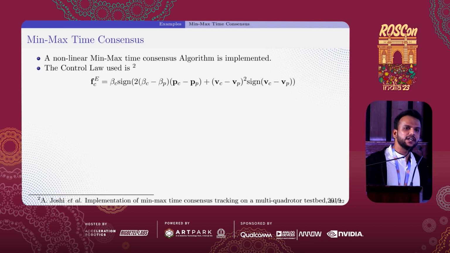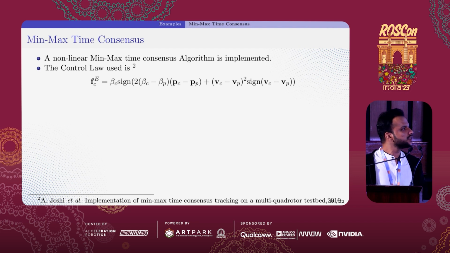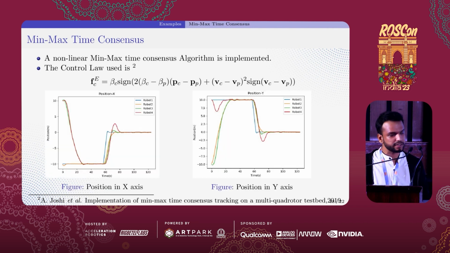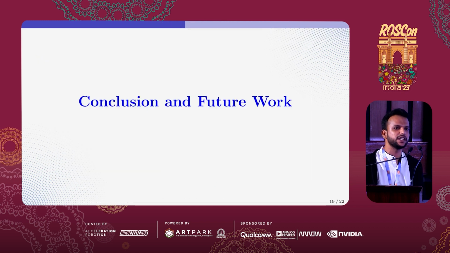Those were the linear control laws, and we have also tried some non-linear control laws, which is min-max time consensus. These are the result graphs for the same. Now, coming towards the conclusion and future work.